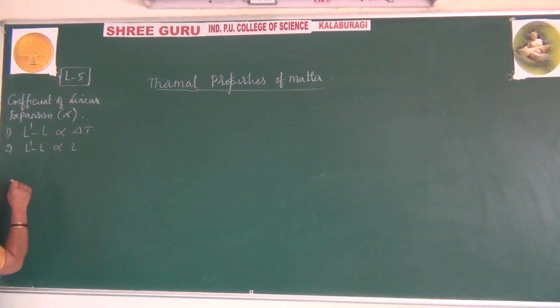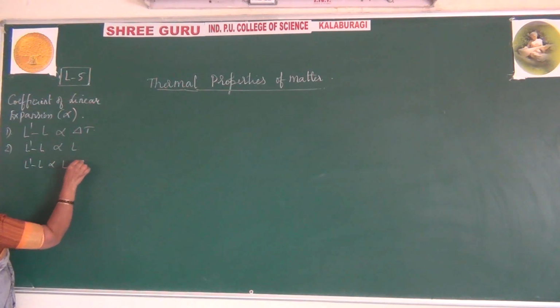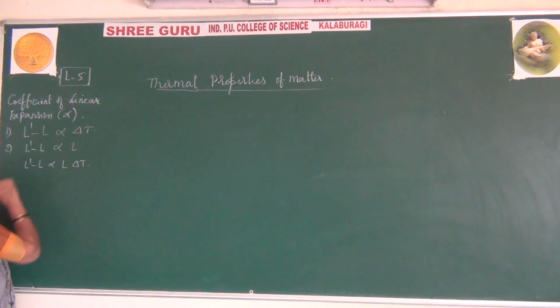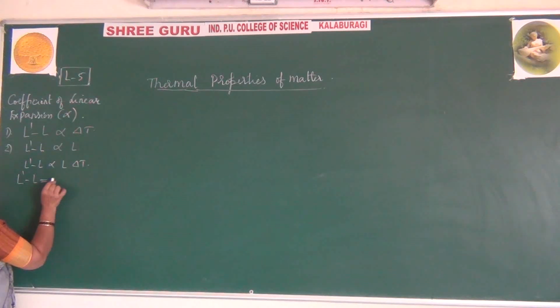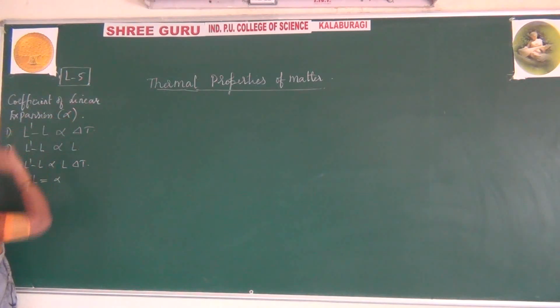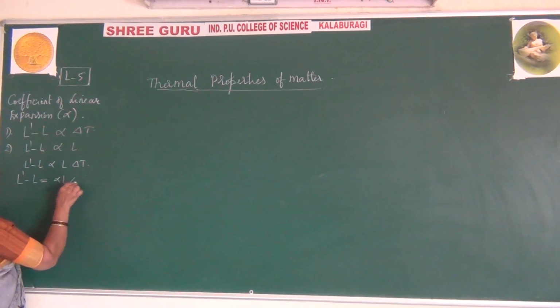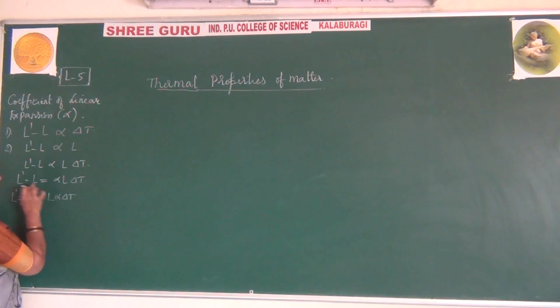So by equating, L dash minus L is proportional to L delta T. When you remove the proportionality you get a constant, alpha, the proportionality constant, which is called the coefficient of linear expansion: L dash minus L equals alpha L delta T. If I rewrite this, L dash is equal to L plus L alpha delta T, because I have taken L to this side.